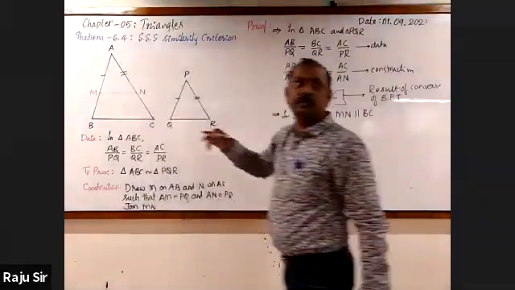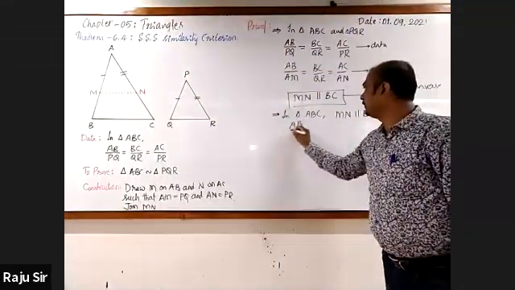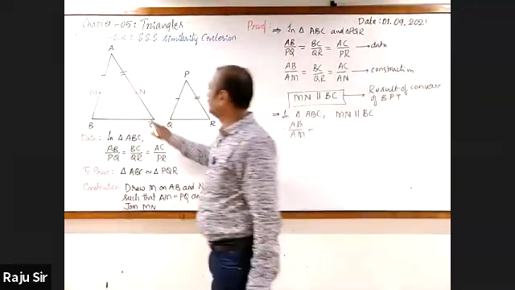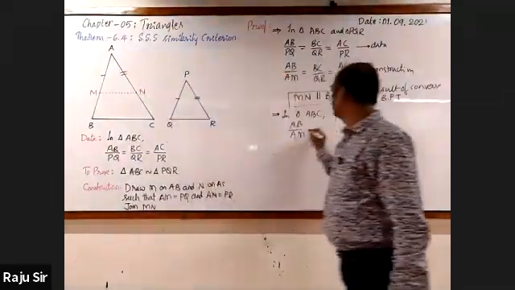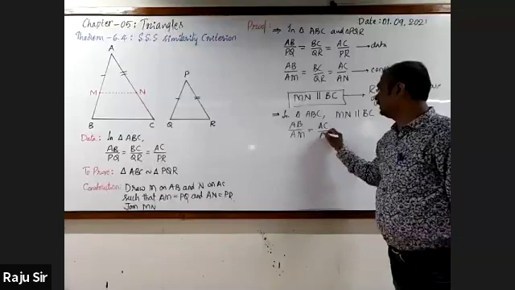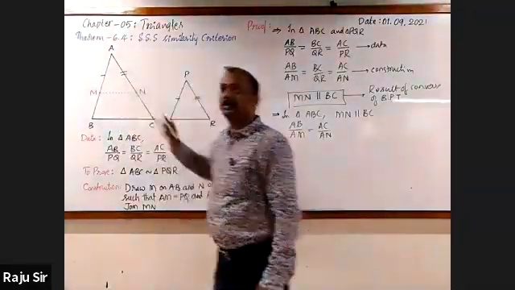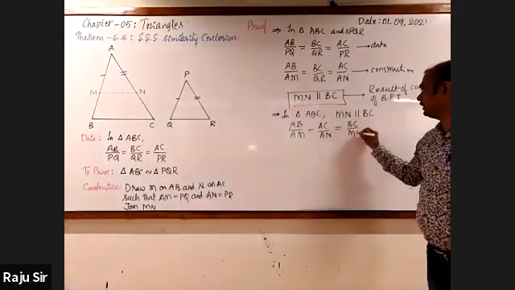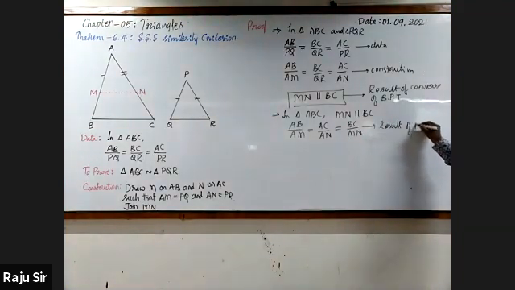We write it as a reciprocal, that is AB by AM, which is equal to AC by AN, it is equal to BC by MN. Reason? Proved statement. Result of BPT.